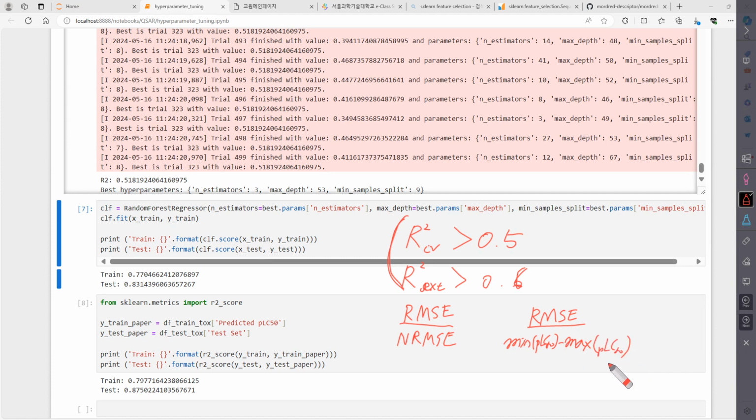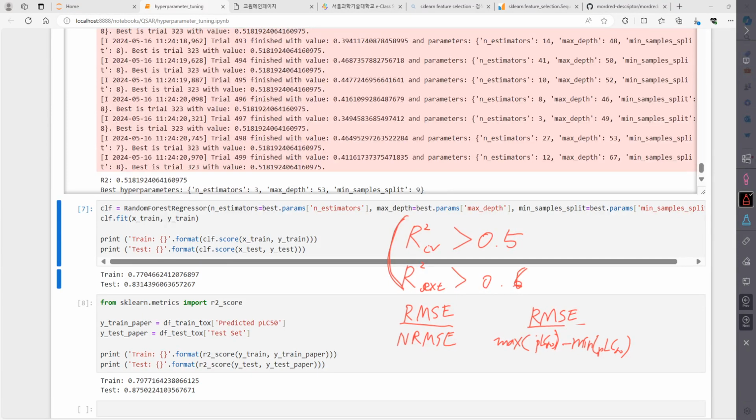Oh, actually max should be here. Max and minimum value.